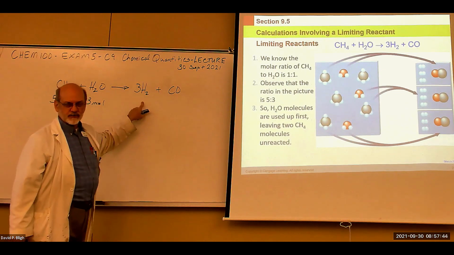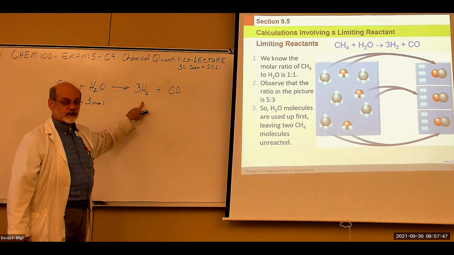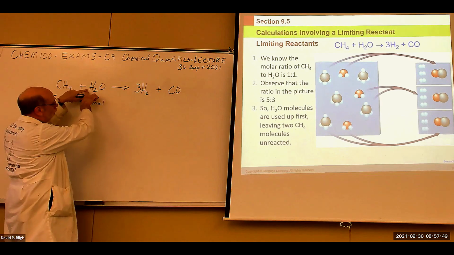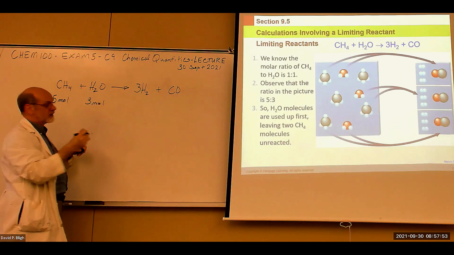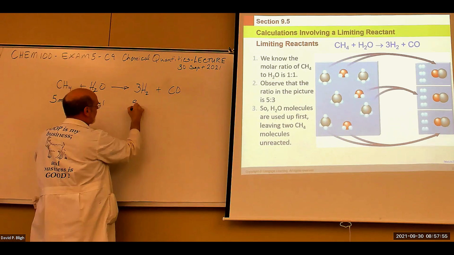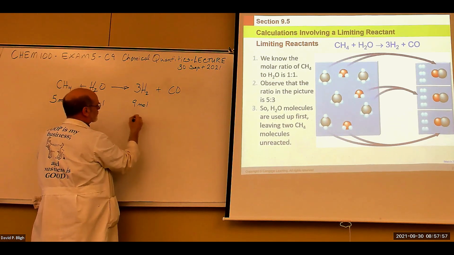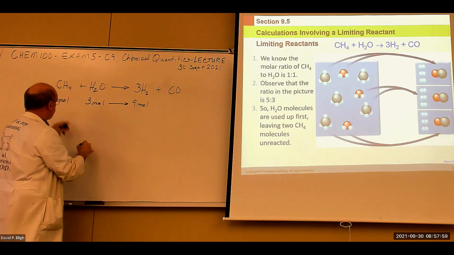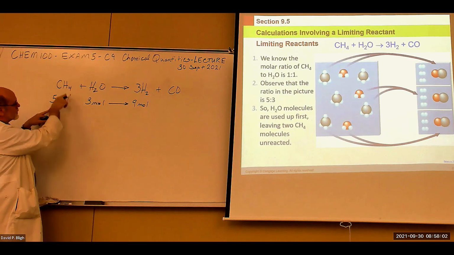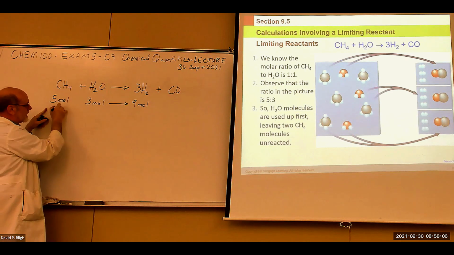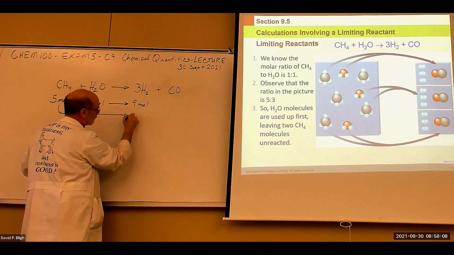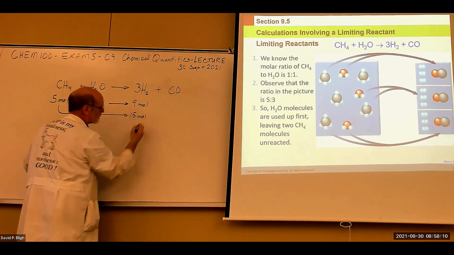How much hydrogen is produced? How much product is produced? Well, the ratio is 1 to 3. So 3 times as much is produced of this one. So that would produce 9 moles of that product. How about this one? If this one's all used up, it's the same ratio, 1 to 3. So 3 times 5 is 15, right? It would produce 15 moles.